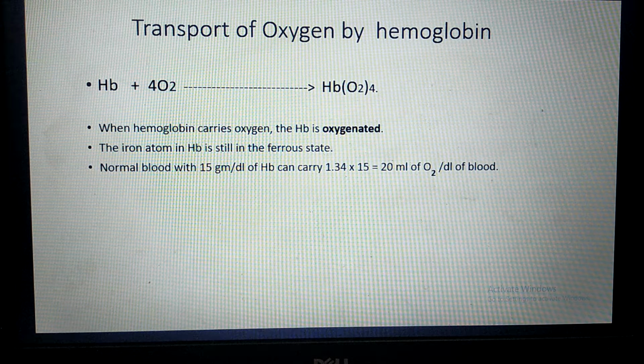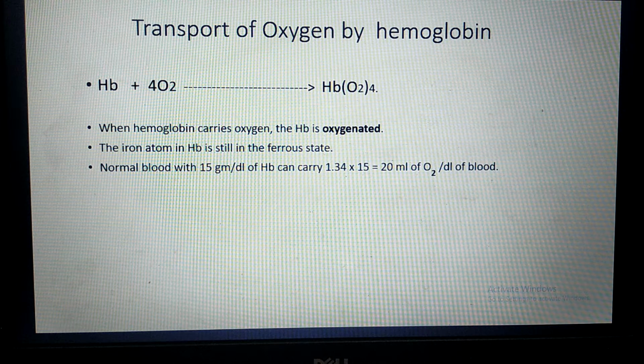Normally, if 15 gram % of hemoglobin is present, each gram combines with 1.34 ml of oxygen, so that 15 gram of hemoglobin in 100 ml can combine with 20 ml of oxygen and transport it.